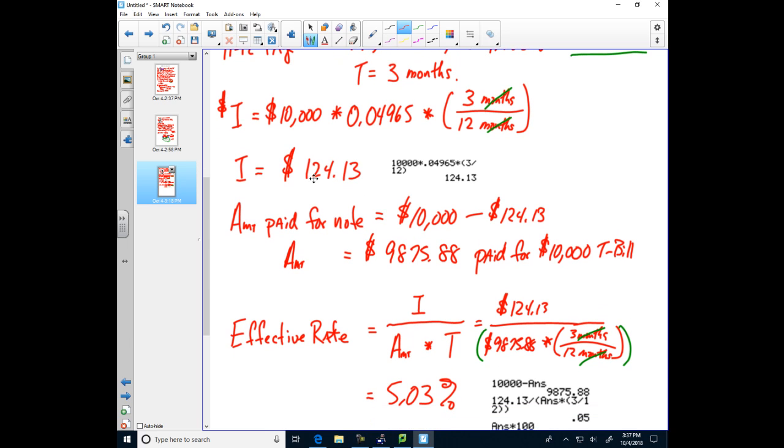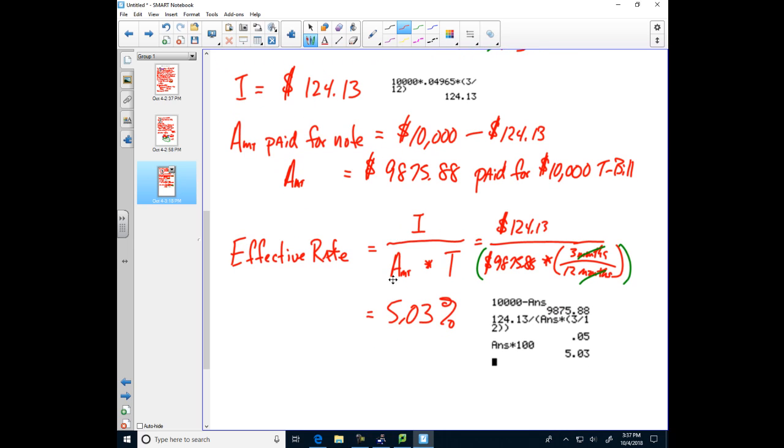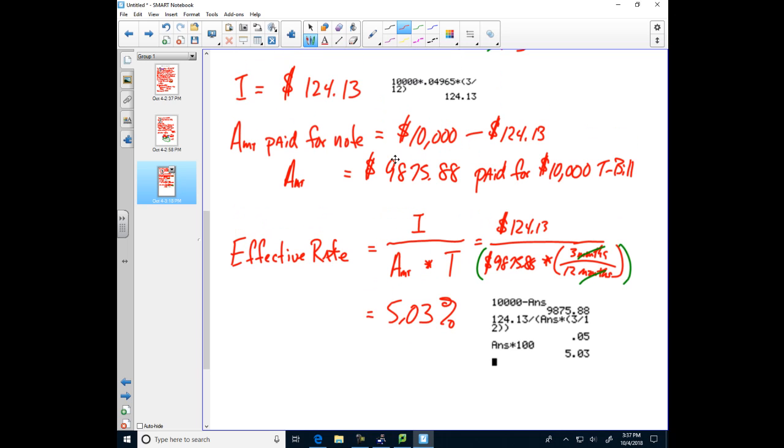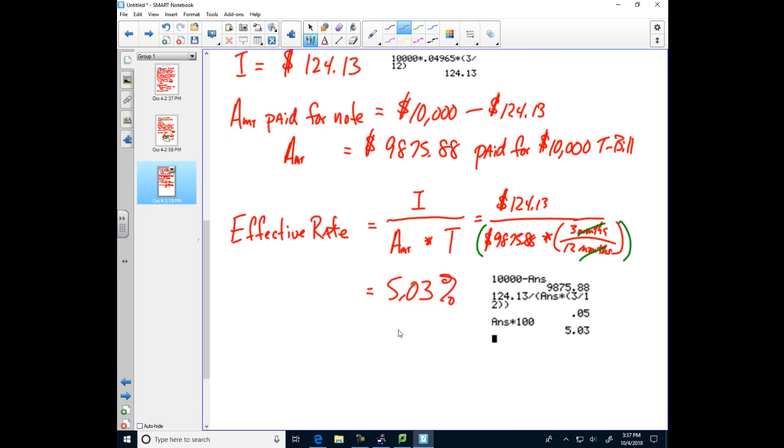Then we plugged that in along with what we really had to pay, and then the time, and we're effectively making 5%. This is the interest we're going to get, but we only had to invest that much money to get it. Not $10,000, only $9,875.88. That's why this went up, because this wasn't $10,000. It was a little bit less, which drove your interest up a little. Your effective interest was a little higher.